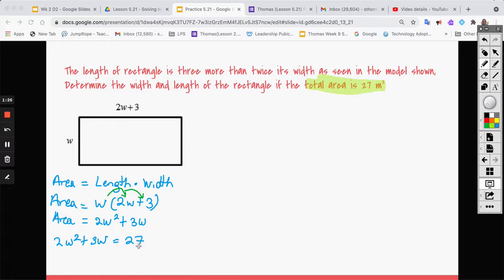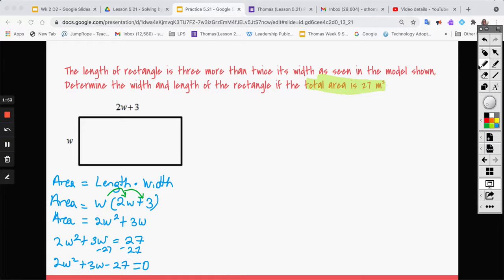In order for us to solve, to find the width of the rectangle, we have to set the right side equal to 0. So we're going to subtract 27 from both sides. So our new equation is 2W squared plus 3W minus 27 is equal to 0.